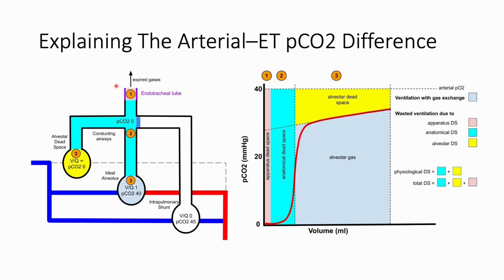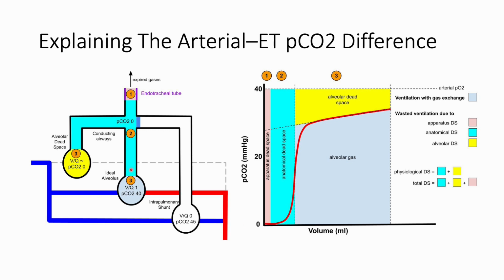Let's consider what's happening on expiration. We're sampling gas at the mouth, and so the first gas that's going to be sampled on expiration is the apparatus dead space gas, which doesn't contain any CO2, followed by the anatomical dead space gas, which also doesn't contain CO2. So that gives us phase 1 of our trace.